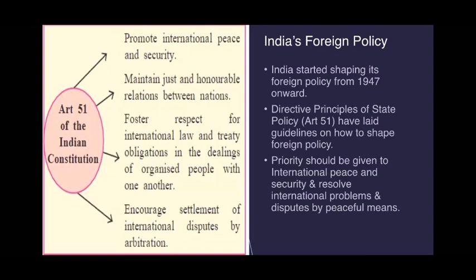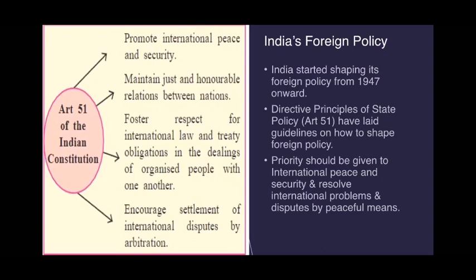Directive Principles of State Policy, Article 51 of the Indian Constitution, have laid guidelines on how to shape foreign policy. According to this, India should give priority to safeguard international peace and security and resolve international problems and disputes by peaceful means.